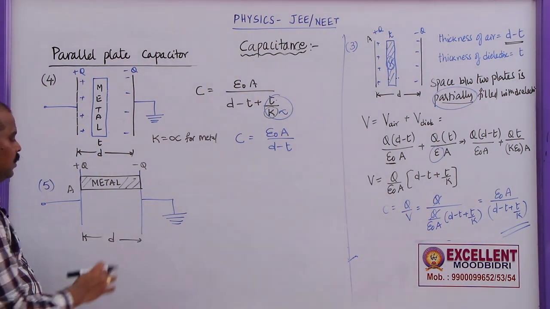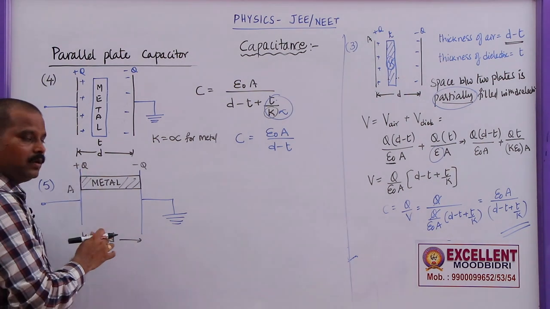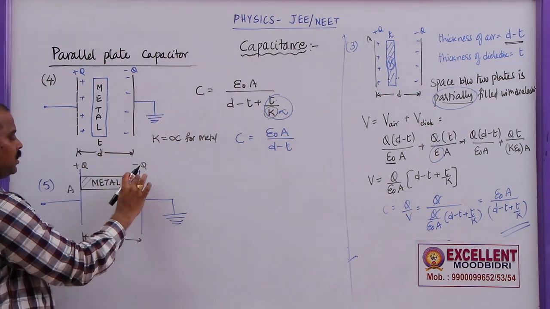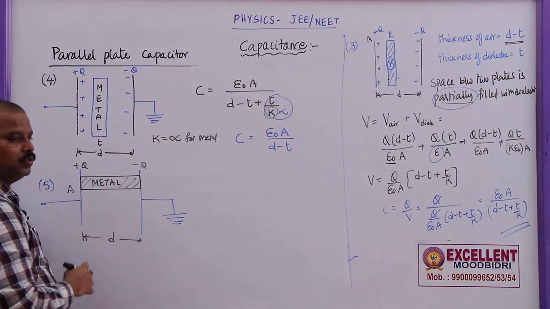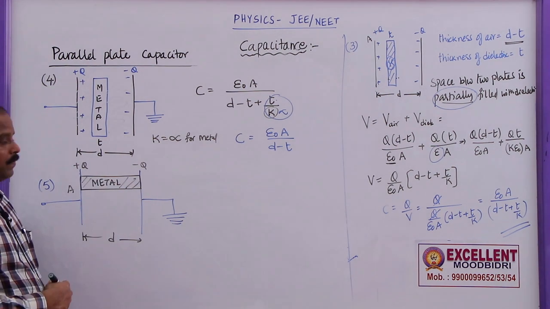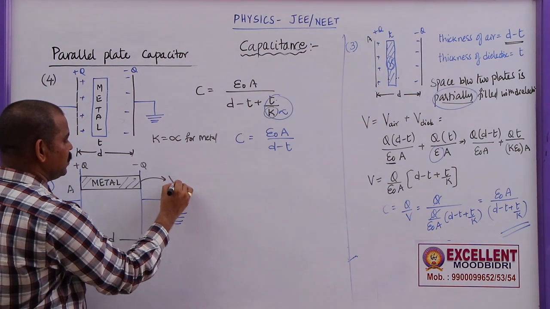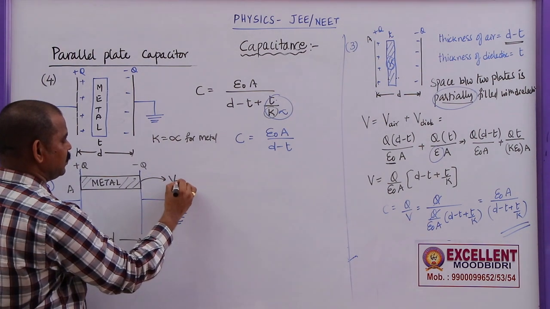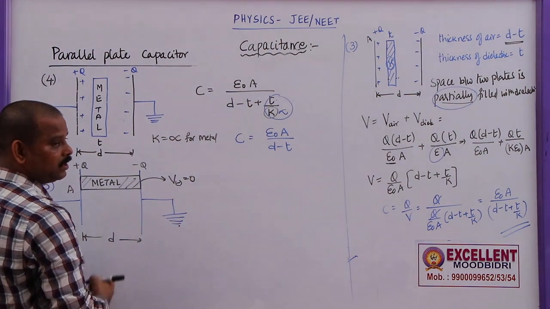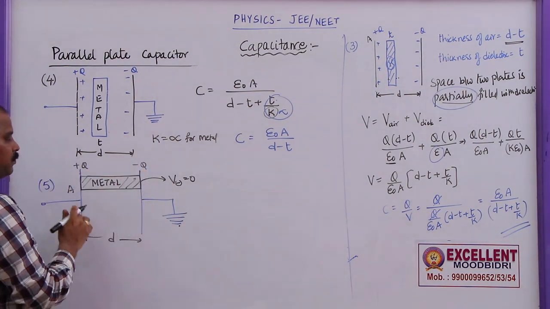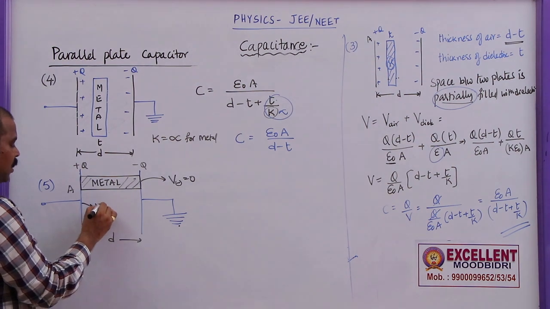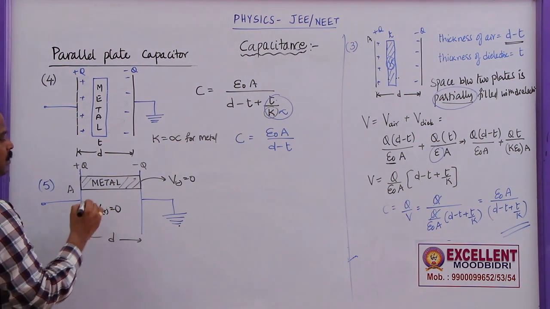Then what happens? We know that whenever two conductors are connected with a metal, flow of charge takes place between these two till their potentials are equal. So, what is the potential of this one here? The potential of this minus plate is 0 as it is earthed. So, when it is connected with a metal wire or metal plate or metal strip, the potential of the positive plate will become 0.